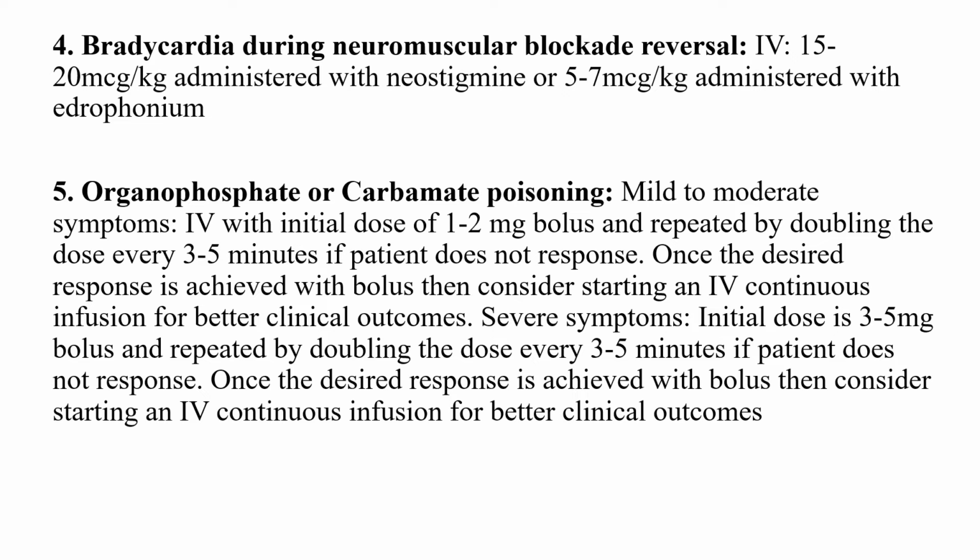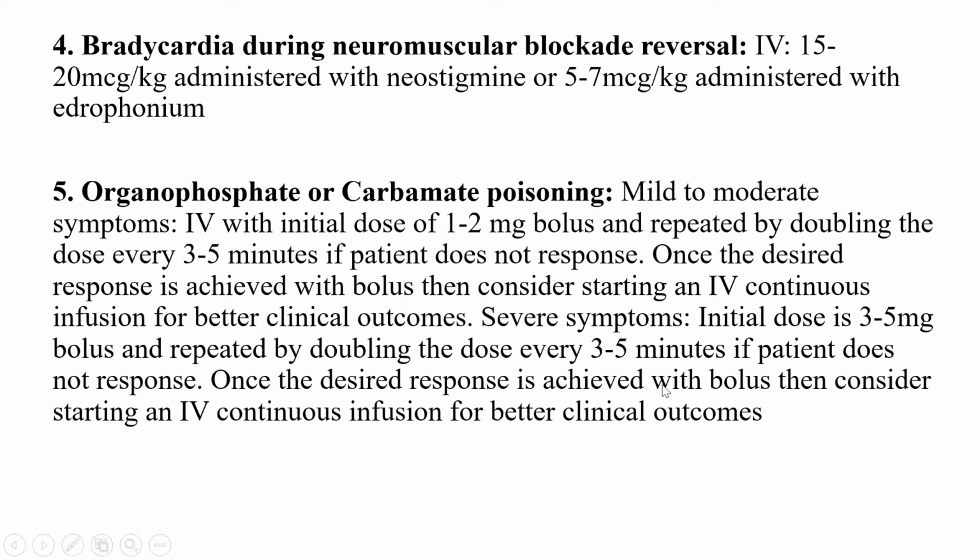Suppose we give IV bolus of 18 mg, then 10% of that 18 mg will be 1.8 mg. So we have to start IV infusion at 1.8 mg per hour. In case of severe symptoms, the initial dose is 3 to 5 mg.